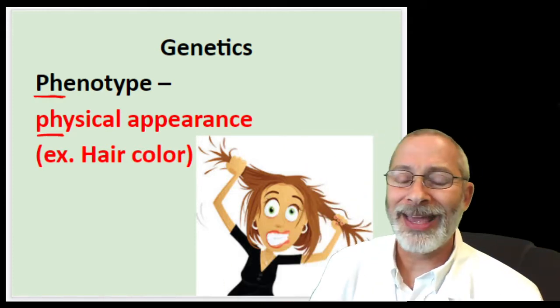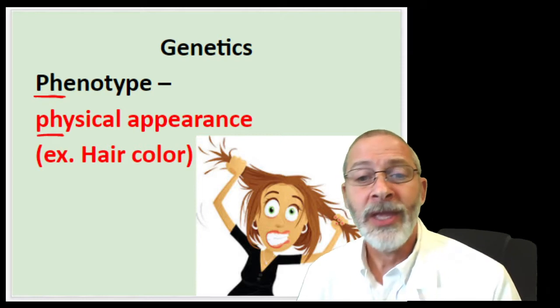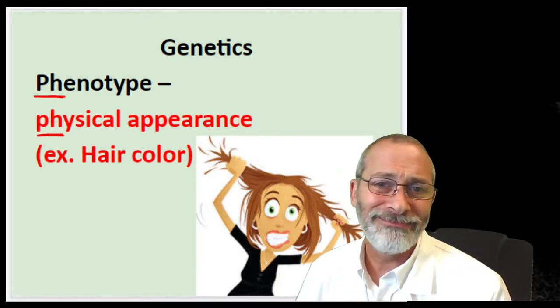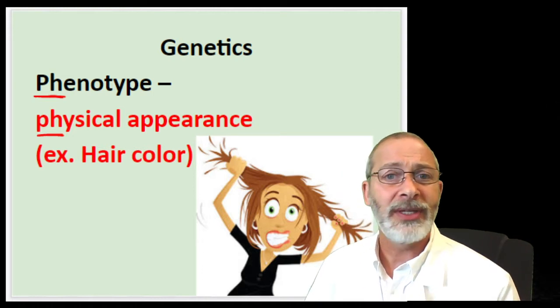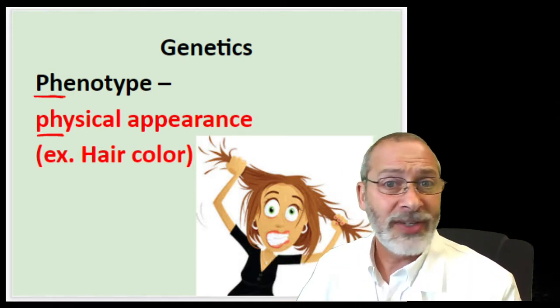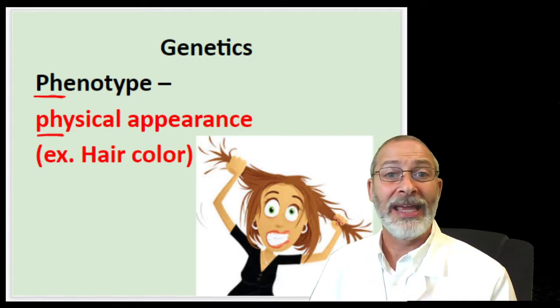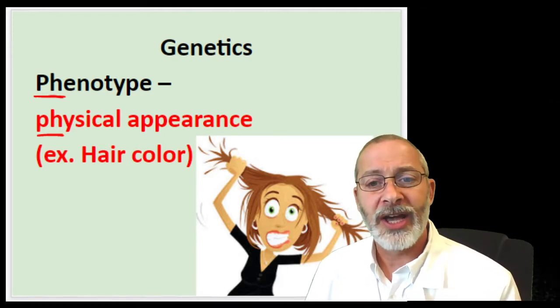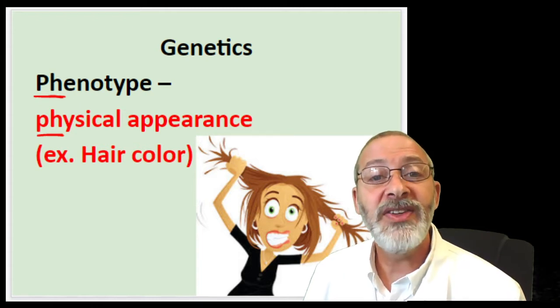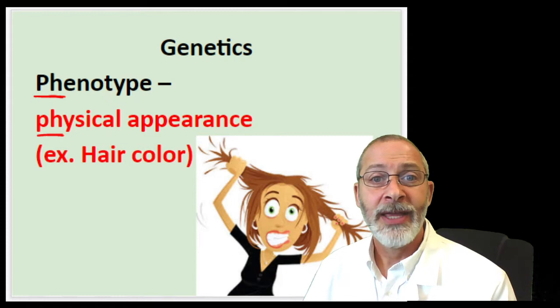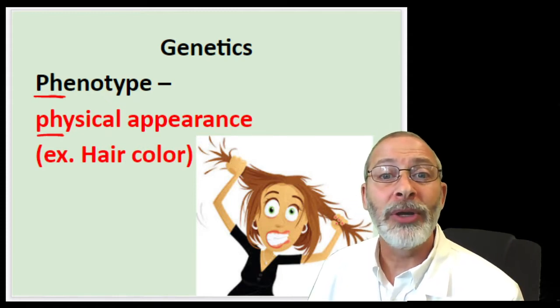All right, so what the heck is phenotype? Well, the phenotype of an organism, and we're talking generally speaking about humans today, but again, it can be dogs, cats, animals, it can be all sorts of organisms, plants. A phenotype is the physical appearance that you see on the outside. Now, in your notes, I'm giving you a little memory aid here.